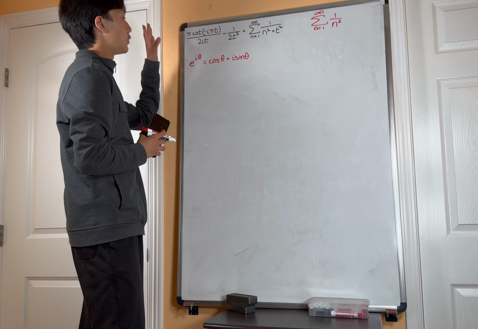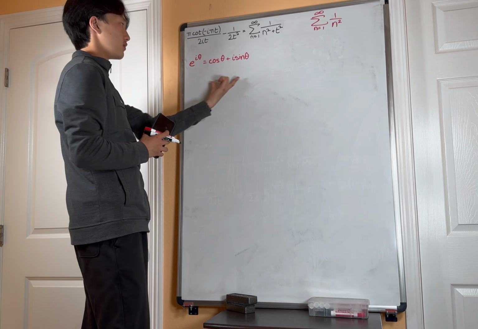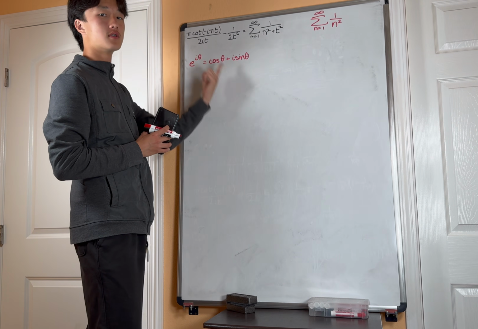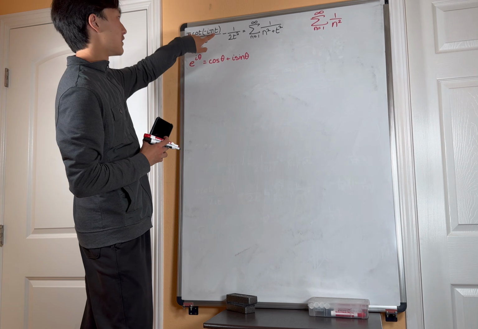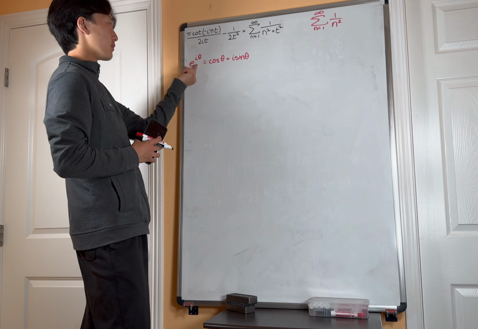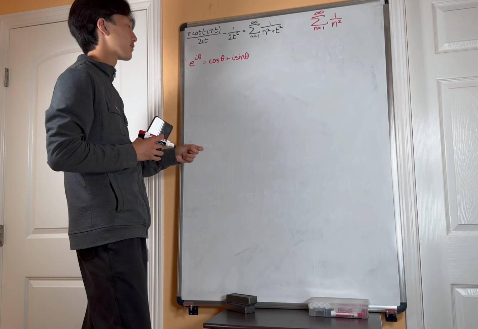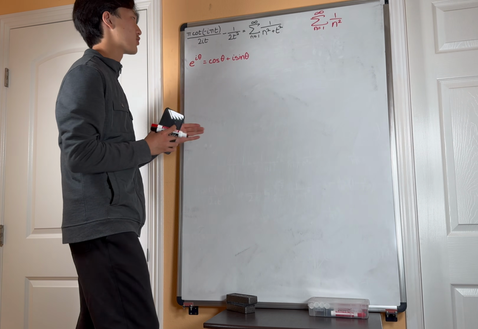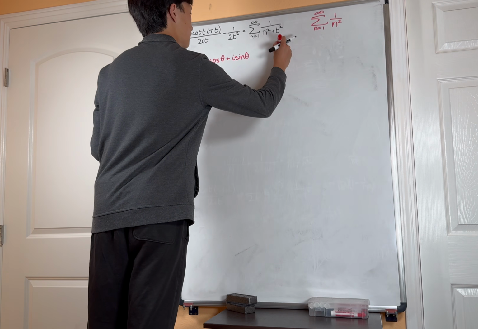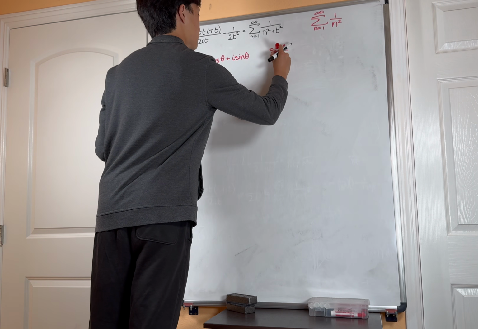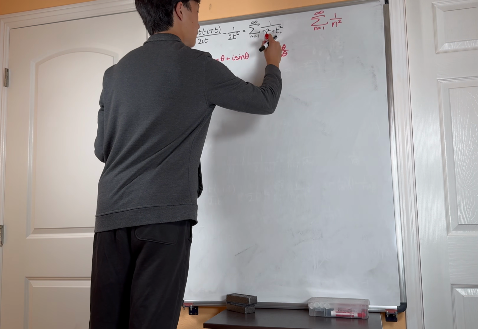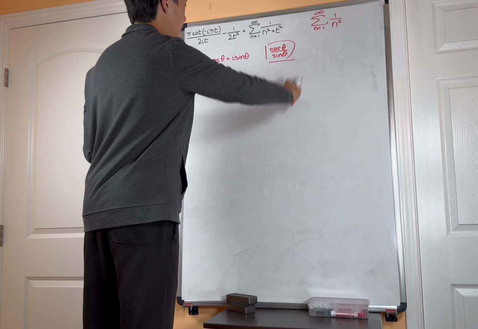We'd rather deal with an exponential than a weird trig function. So let's see if we can replace this with something involving this. Now, cotangent is just cosine theta over sine theta. So this is what we're going to aim for eventually. Just keep this in mind.